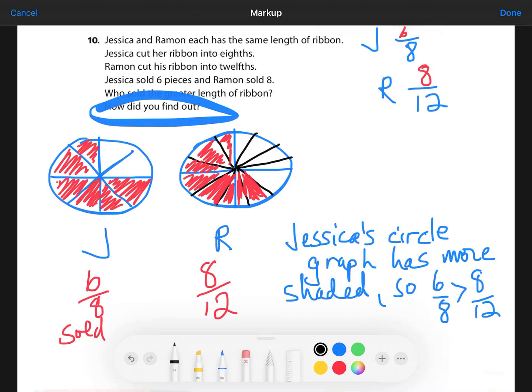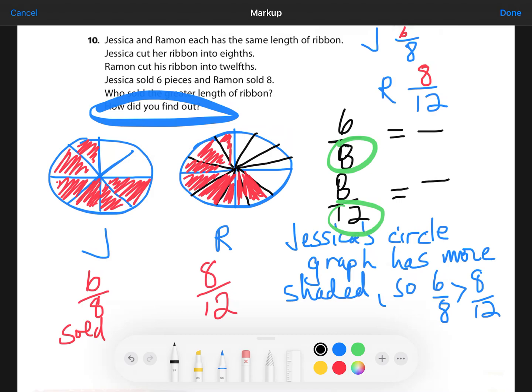Okay, the last thing that we could do is equivalent fractions. And if we're comparing 6/8 and 8/12, we need to focus on the denominators here. And we need to think about a new denominator that is divisible by both 8 and 12.